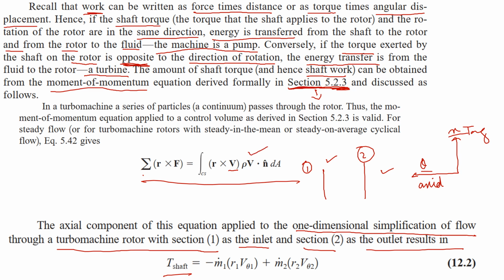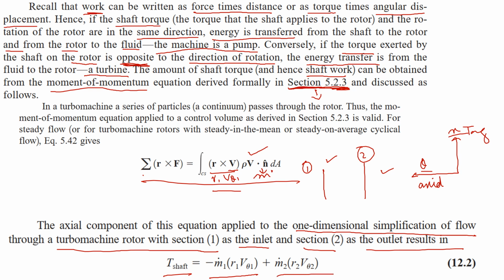So these equations can now be written for the inlet as m dot into r1 and v theta 1. This is for the momentum being transferred in and the momentum being transferred out.